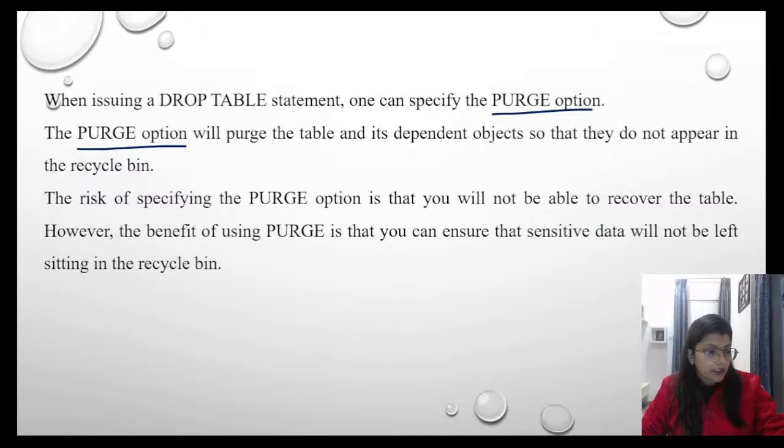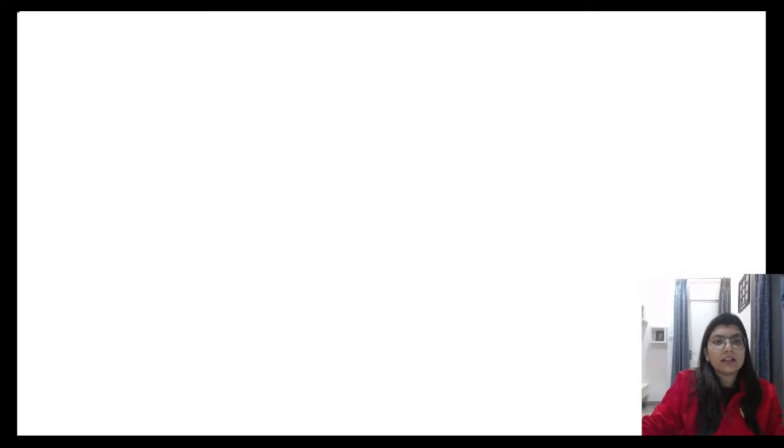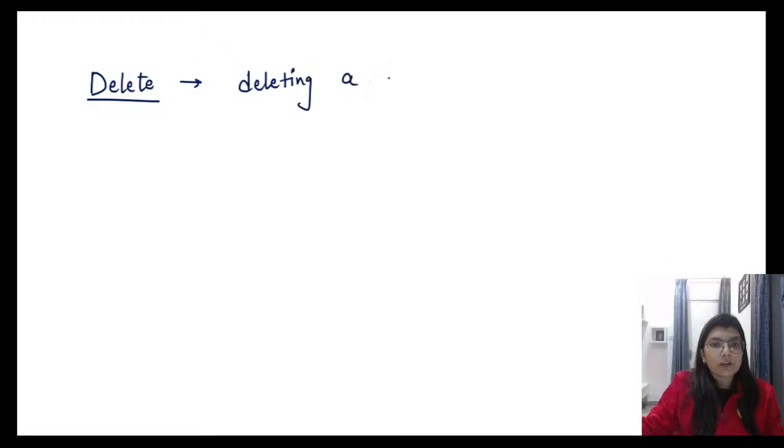First, if you have a lot of doubt, what is delete? Okay, so I'll tell you over here very quickly. The delete command, okay, delete will be used for deleting a particular record. So when I have to delete a particular record, for that I'll be using SQL delete.